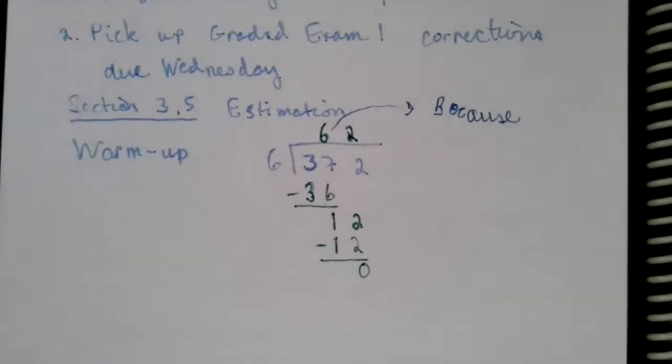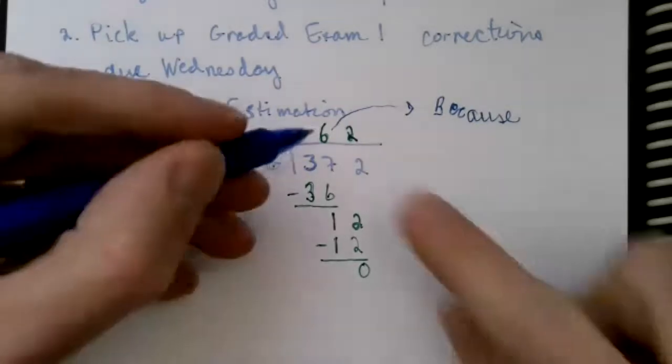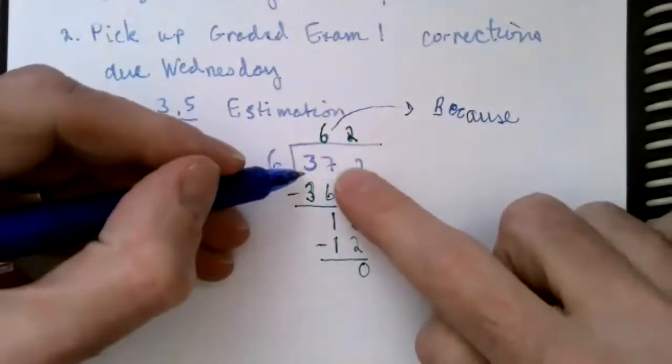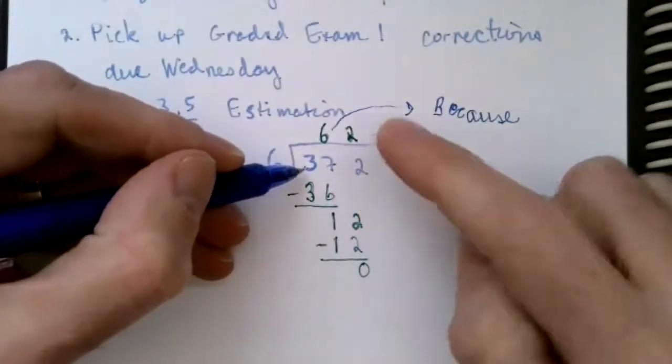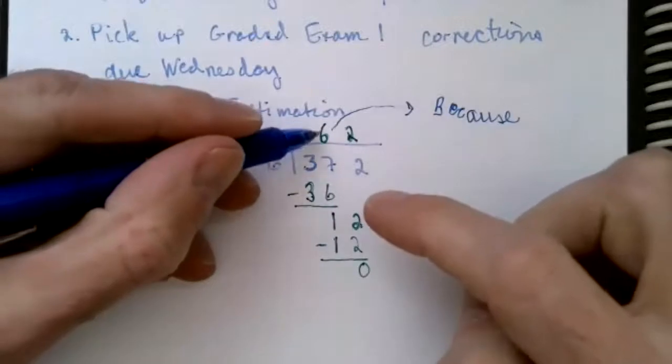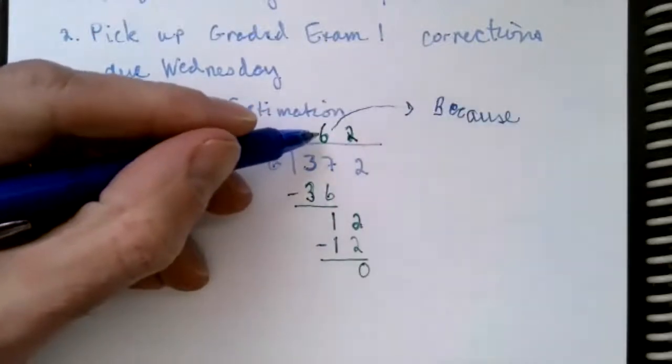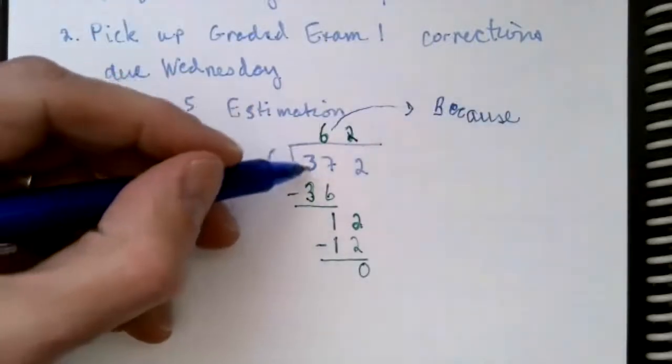Okay. Somebody had something? No? You put the 6 there because it was the largest number that could be multiplied by the 6. Okay, right. And keep us under 37, right? So initially somebody mentioned, well, maybe we should try 7 there, but then we realized, oh, that goes too far. 6 times 7 is 42.